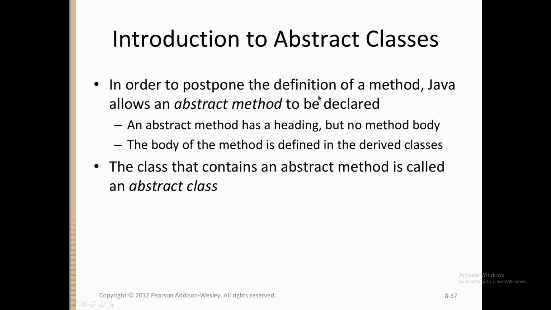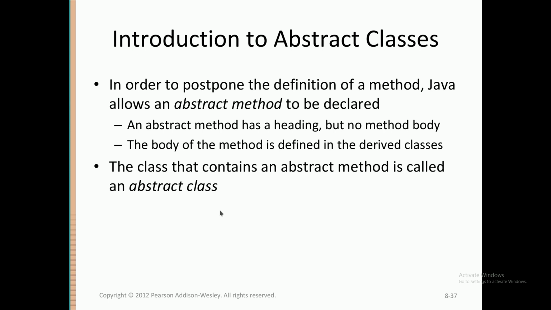So in order to postpone the definition of a method, Java allows an abstract method to be declared. It just has a heading but no body, and the body has to be defined in the derived class. And the class that contains an abstract method is called an abstract class. But an abstract class does not mean that there is always at least one abstract method. That's important.